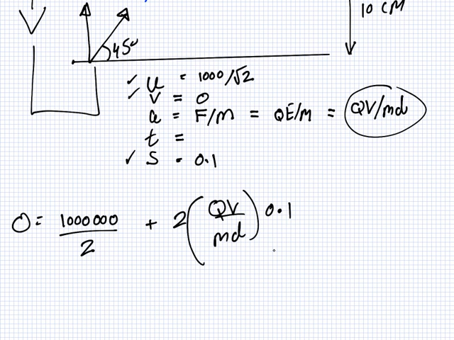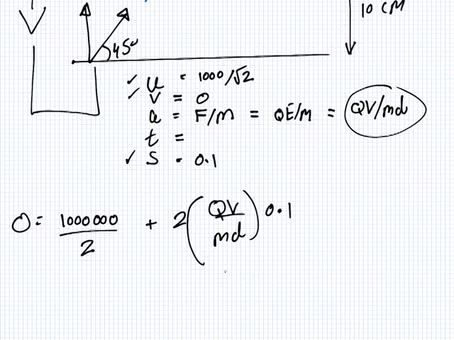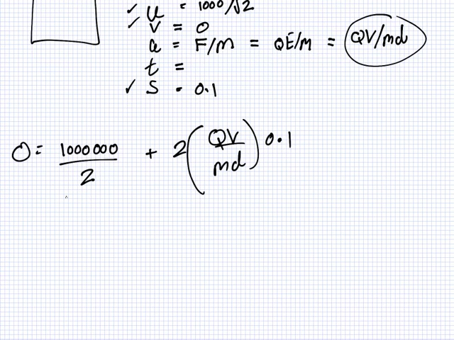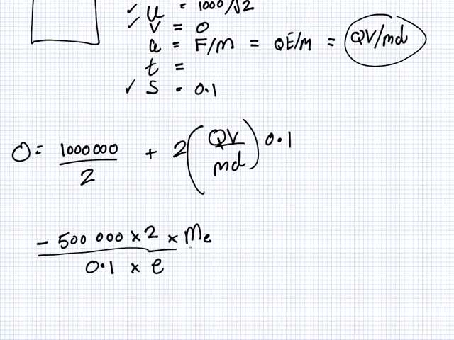So I can rewrite this to get the V here. Let's see. What is this? This is a million, isn't it? So that's 500,000 with a minus over 0.1 times 2 over E times ME times 0.1.